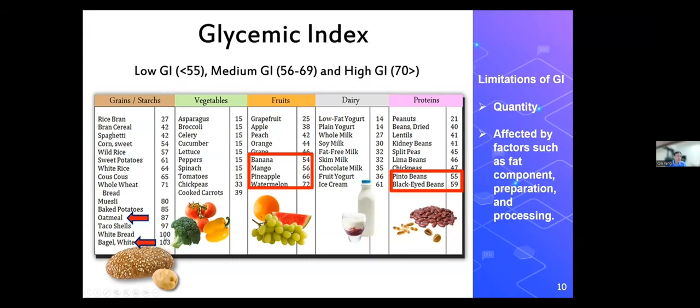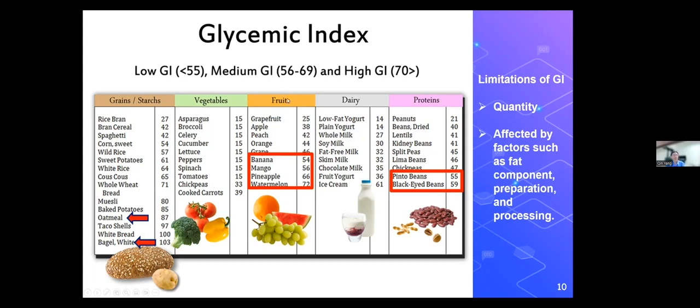White bread is 100. So these foods can really increase your sugars quite dramatically. And the vegetables have carbohydrates inside, but they have much lower GI. And of course, they have fibers inside. The absorption is slower, so they are favorable and better for diabetes management.